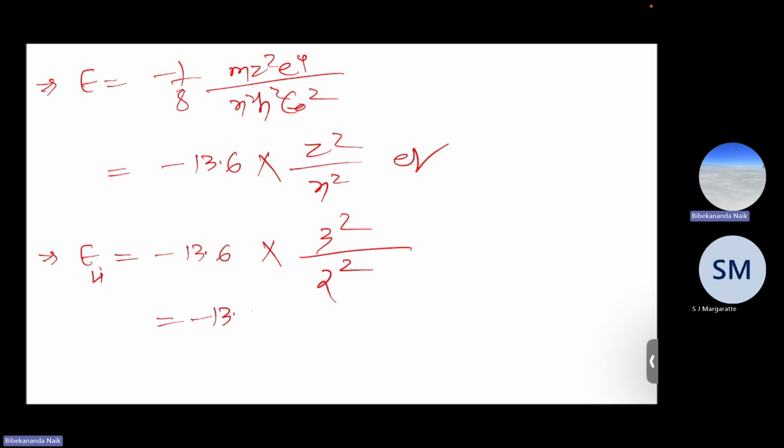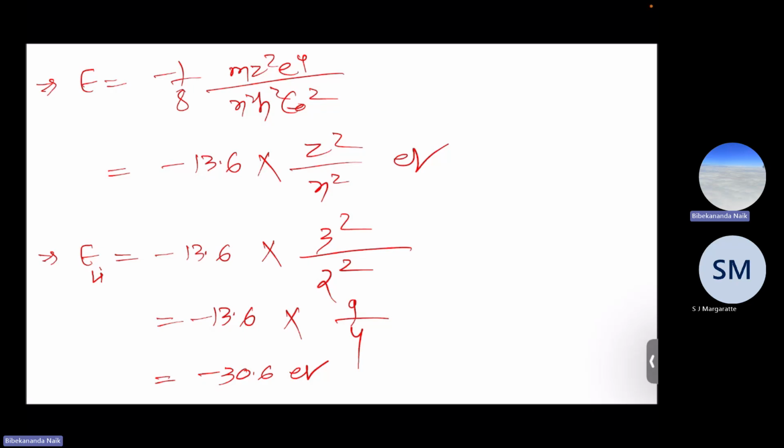So minus 13.6 into 9 by 4. If you calculate it, it will be minus 30.6 electron volt. So this is the energy of the electron.